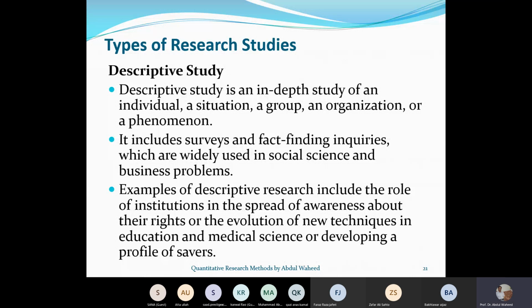So we can describe how different institutions are using online teaching, what type of software they are using, how they are conducting their exams, okay, and what are the problems that are faced by the teachers, what are the problems that are faced by the students. So we can just describe.